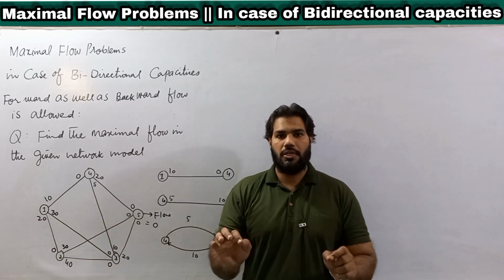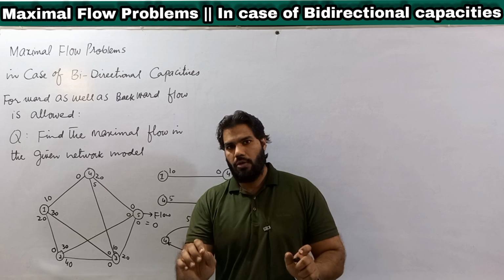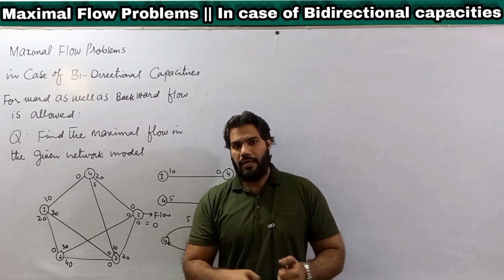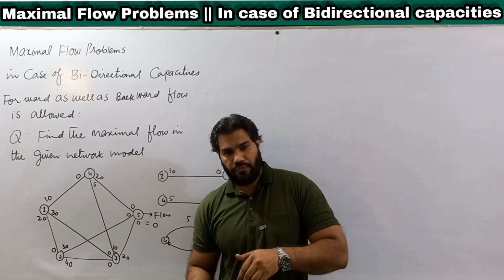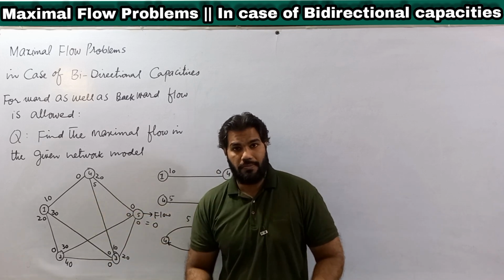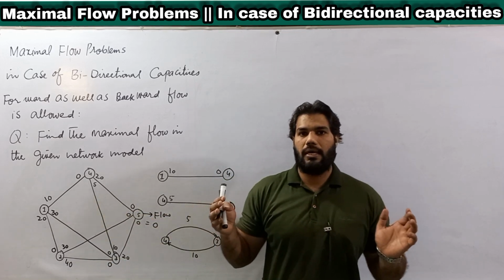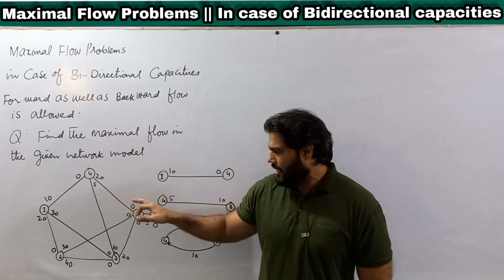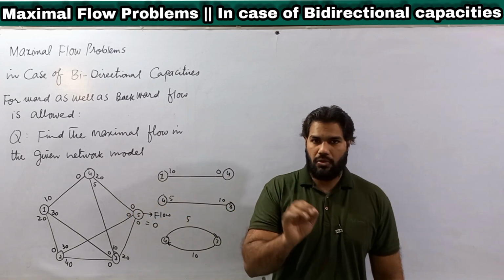So there is only forward flow from node 1, and node 1 does not have inward flow. So here node 1 is a source node and node 5 is a sink node.